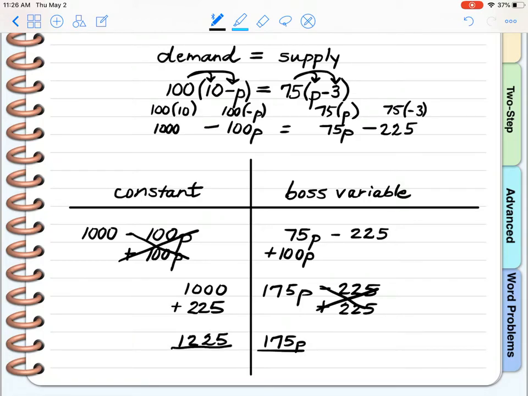And the one more step is to divide this by the coefficient. And so P, I'm going to have to move over here, comes out to be 7. So the price for this product is $7 per kilogram.